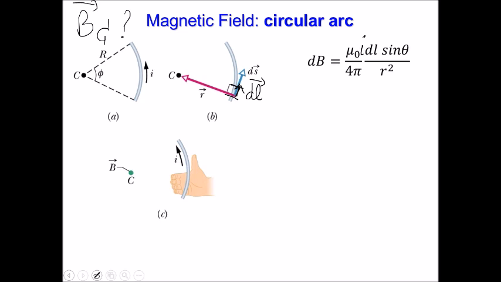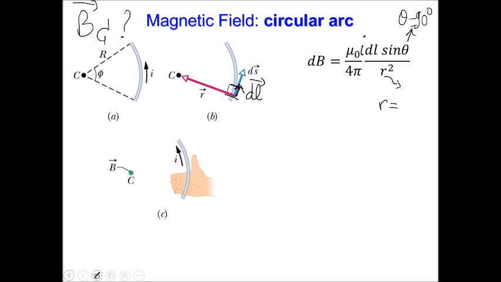So theta is equal to 90 degrees, and the sine of 90 degrees is just 1. And what is small r, by the way? If I move the element length, the distance r is the same. That's actually the radius, capital R.